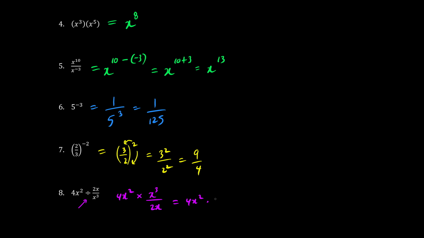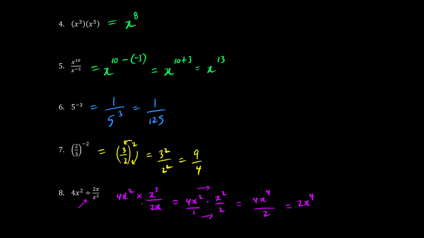We can cancel out an x from the top and bottom. We can also think of this as 4x squared over 1, and we can simply multiply across. So 4x squared times x squared is 4x to the 4, and 1 times 2 is 2. 4 divided by 2 is 2, so we have 2x to the 4.